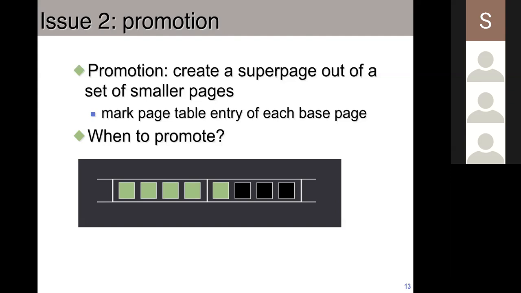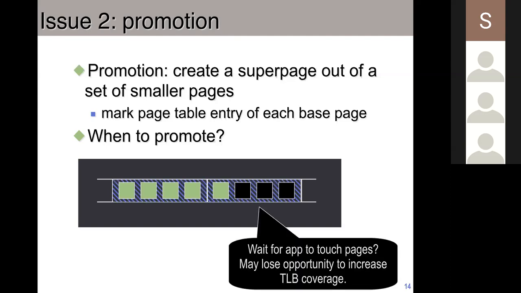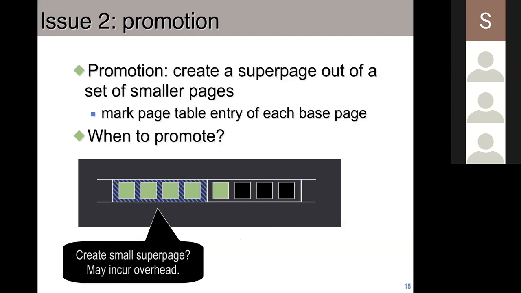For example, here we have an example where there are 5 contiguous base pages, and we have an opportunity to convert 8 base pages into a super page. But then those 3 pages may not be used by the application, in which case we will have significant internal fragmentation. On the other hand, we could be opportunistic and create a smaller super page of size 4.